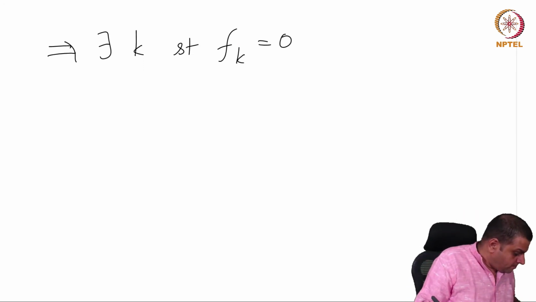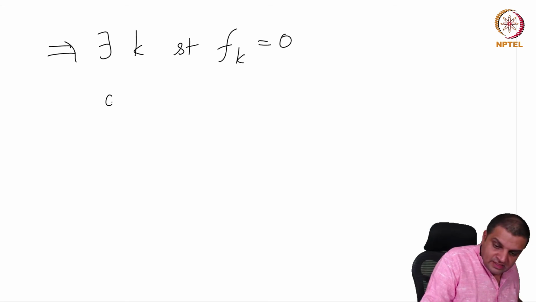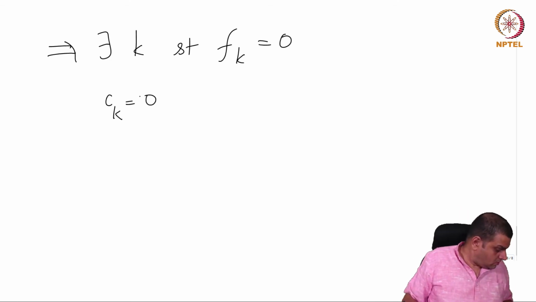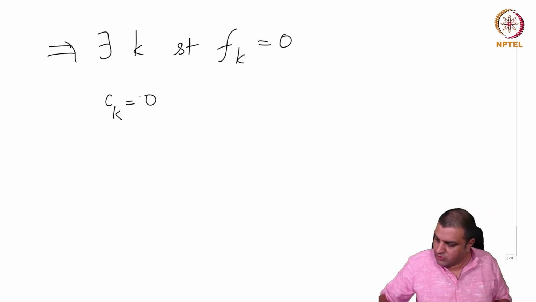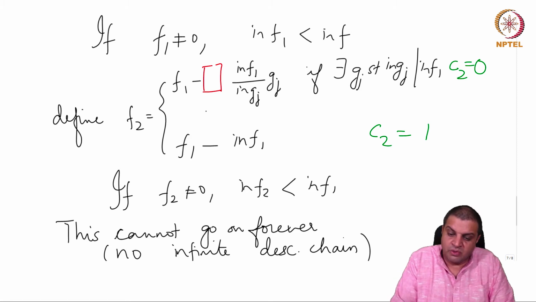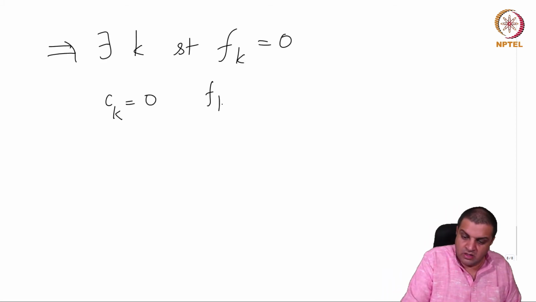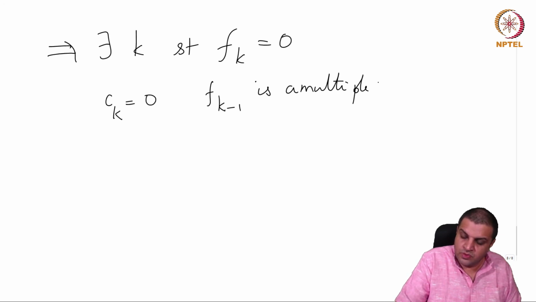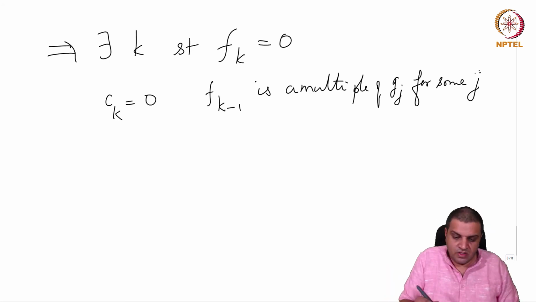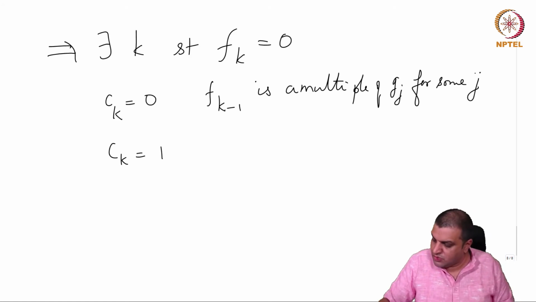So two possibilities. If ck is 0, this is the change that we would have done, and in other words fk minus 1 is a multiple of gj for some j. If ck is 1, let's go back here.